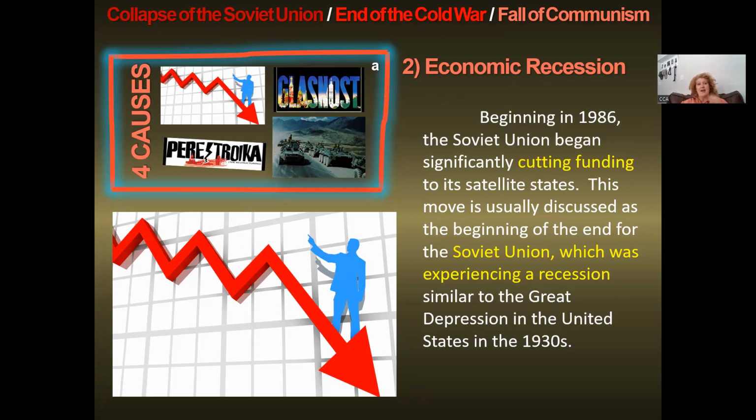They're taking everybody's money because they have taken over private ownership of the entire country, but they're running out of everybody else's money. So they began to experience a recession, which was similar to the Great Depression in the United States. It's simply that they're running out of money. The value of their money is decreasing on the world stage.